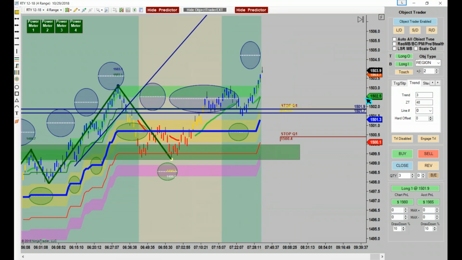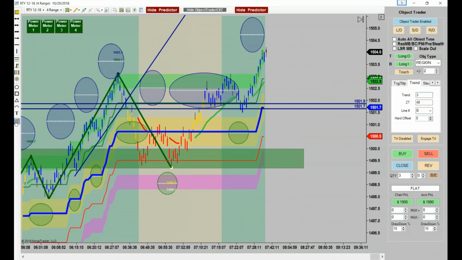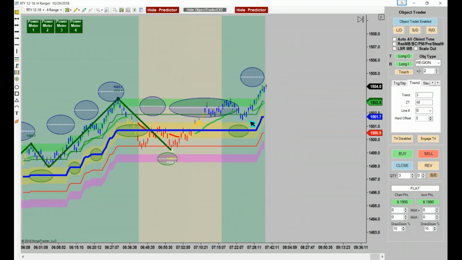Okay, what if you missed this trade entirely right here? Where would your next trade be on this chart? Anybody? Well, you can clearly see, let's just turn this off for a second. Let's get rid of all lines and let's diagnose this chart in real time. We got a swing right across here. All right, we got midband right here.